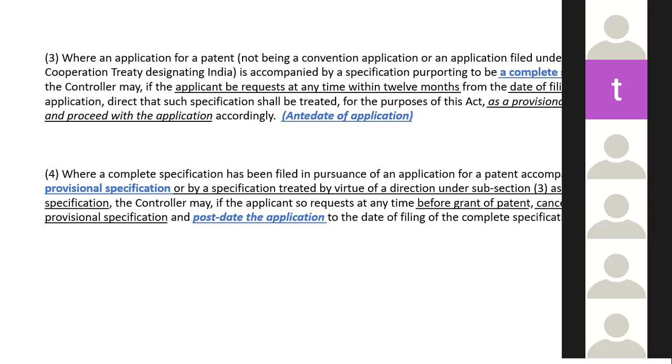But is it very easy to get this extension, or there should be some solid reason that I was not able to do it in 12 months and now I require further time? You have to request the controller. In the reasons you have to mention why you are postdating your application. Due to some experimental data or anything.